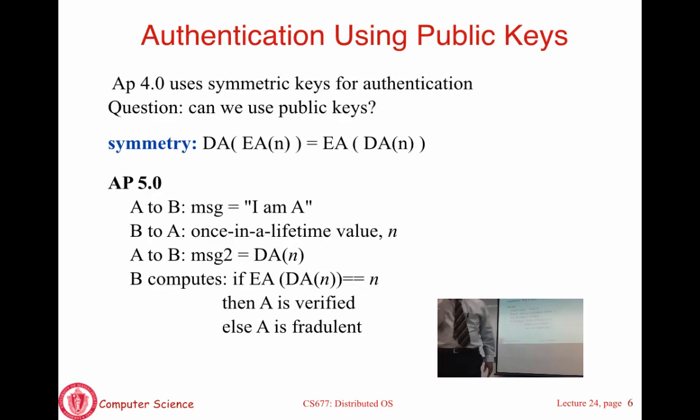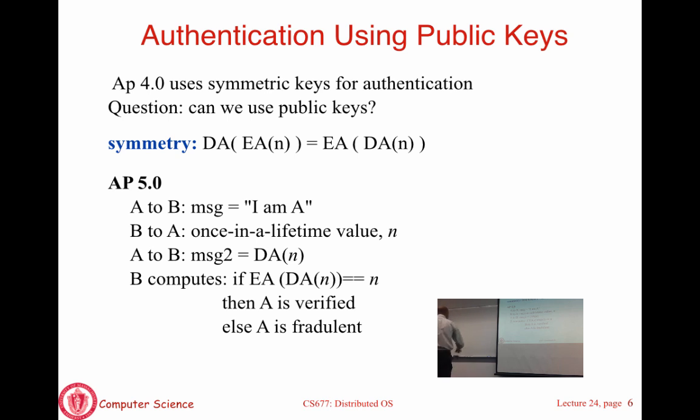Okay, so another way to do this, rather than using nonces, is, well, it does use nonces as well, but another way to do this without having to use symmetric keys is what is called public key cryptography. Okay, this is a very popular technique as well, and what it uses is, rather than having a shared symmetric key between Alice and Bob, you are going to use something else called a public and a private key.